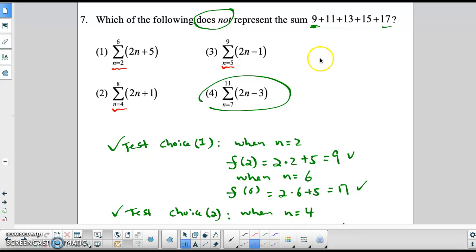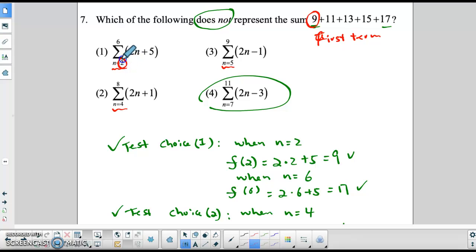So the better way here is to test each one and see if it works. What does that mean? You look at your first term, which is 9. Let me just write it: your first term is 9. Now you look at this equation and want to see if it works here.